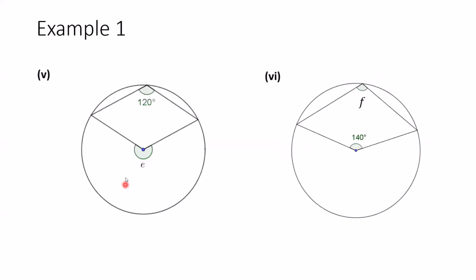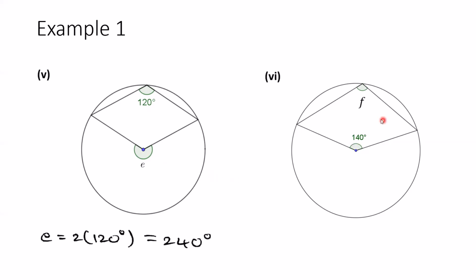Part 5. Angle at center is E. Angle at circumference is 120. So E is equal to 2 times 120, which is 240 degrees.